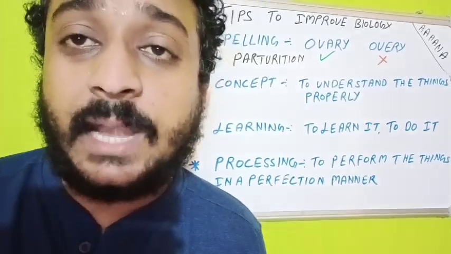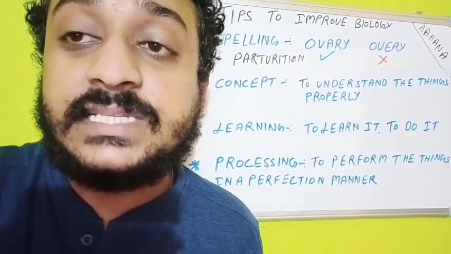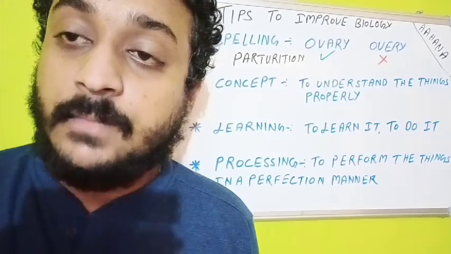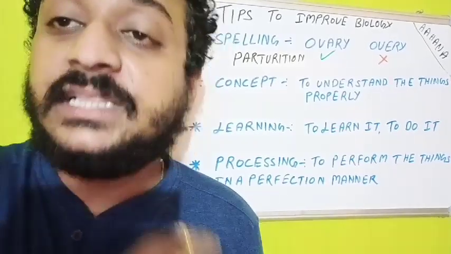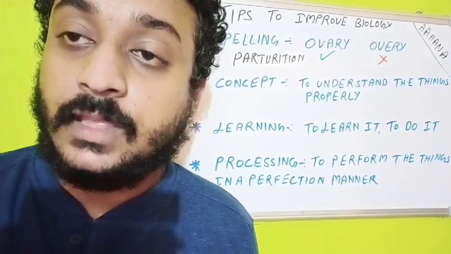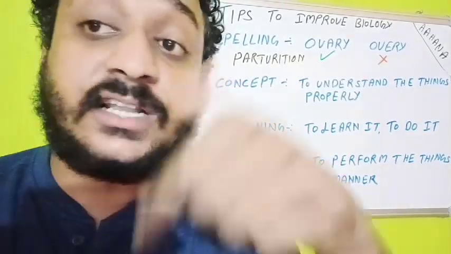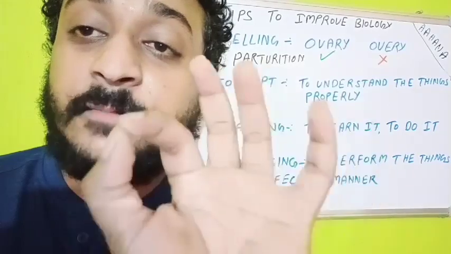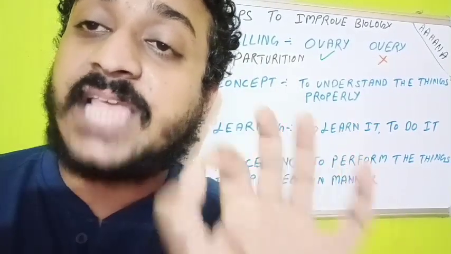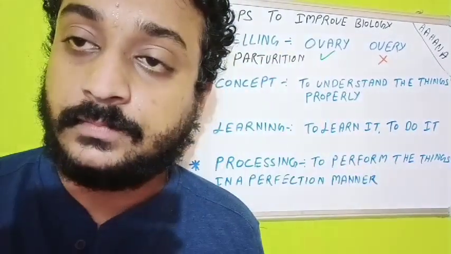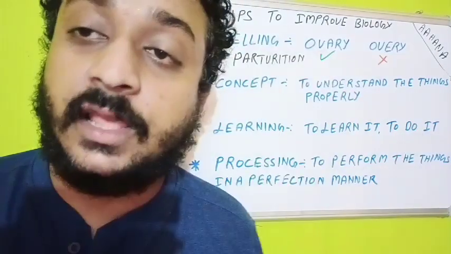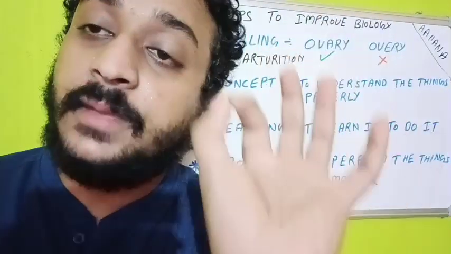So basically what I am trying to say here, try to pronounce things very properly. Because once you pronounce things properly, then definitely you will not commit further mistakes. And 90% of the spelling mistakes are happening due to pronunciation. So once the pronunciation is clear, your spelling mistakes will be reduced.